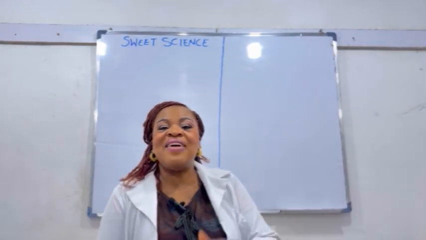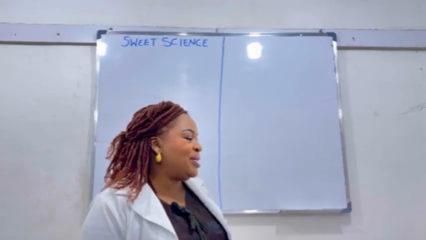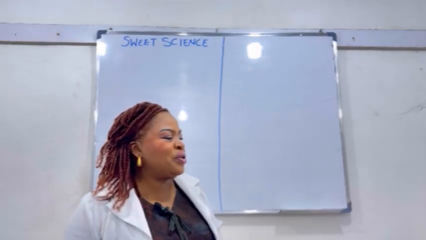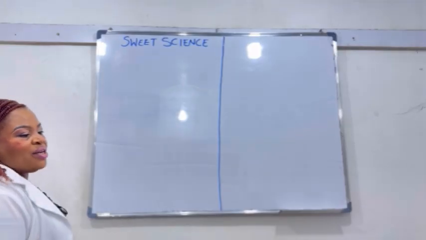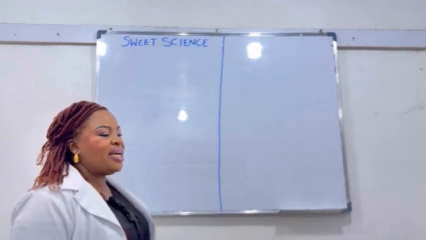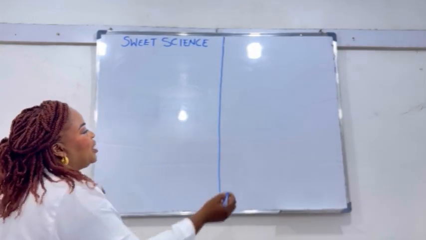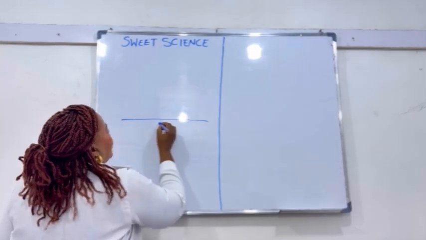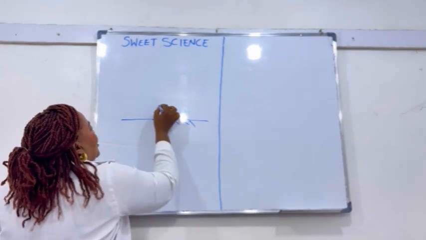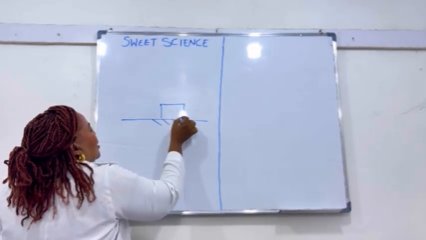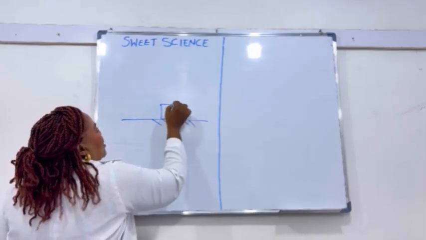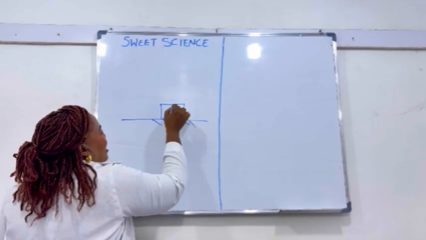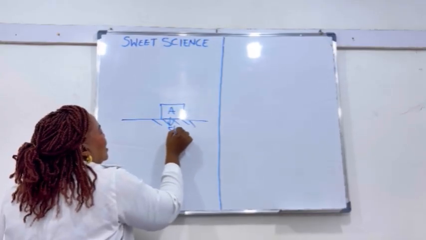11B says the diagram below shows two forces F1 and F2 acting on an object A of mass 5 kilograms. So let us draw it. We put up the diagram. If this is the object A, the weight acts downwards, 5 kilograms.